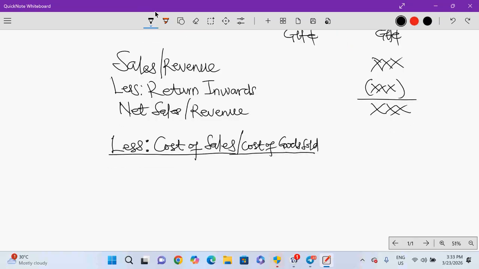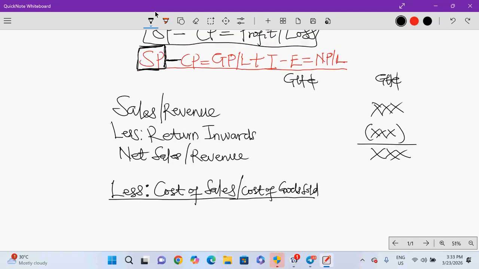Now we are coming to list the items that are under the cost price or the cost of sales. What are some of the items that will be under the cost of sales?